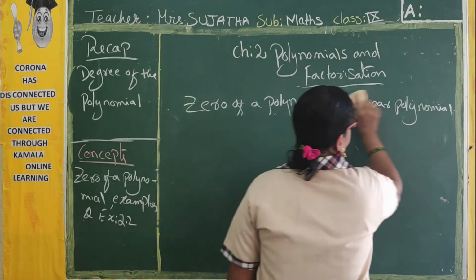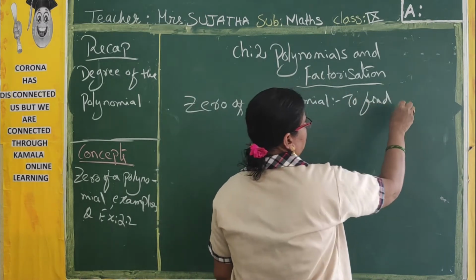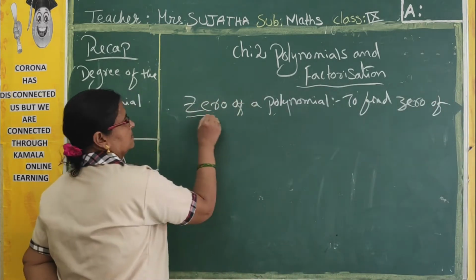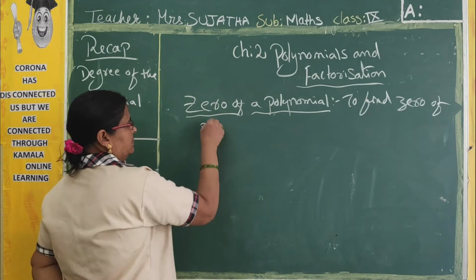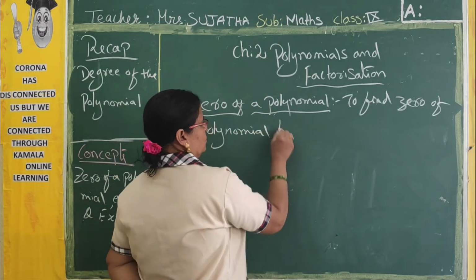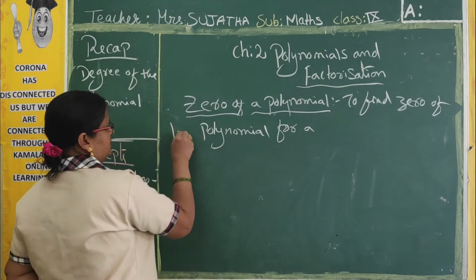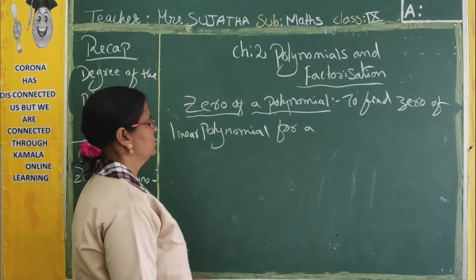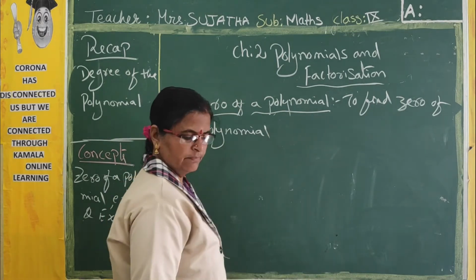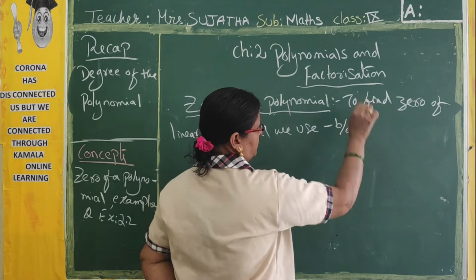For a linear polynomial in one variable, to find the zero of the linear polynomial, we use minus b by a.